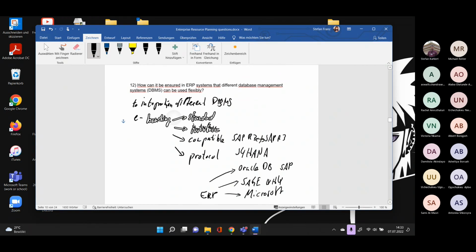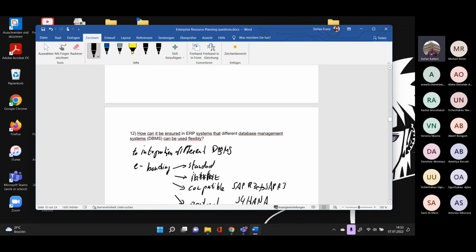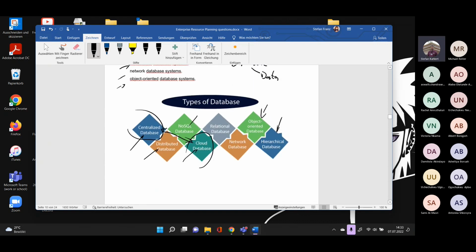And if you want to connect an SAP ERP system with a partner who is using Oracle or Microsoft, for business-to-business partnership or with a client, then you have an issue if you cannot integrate or connect.